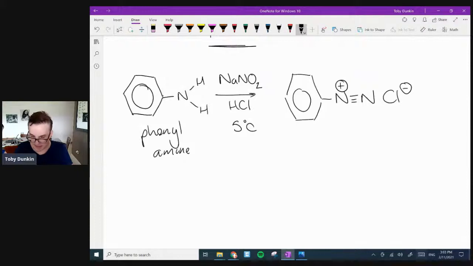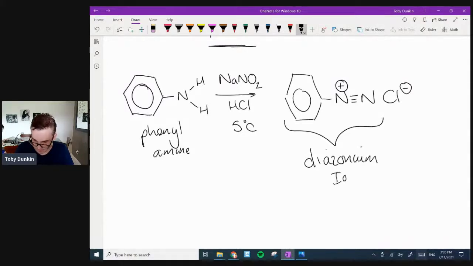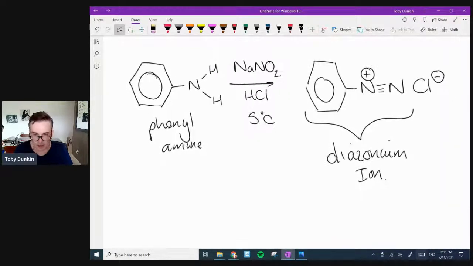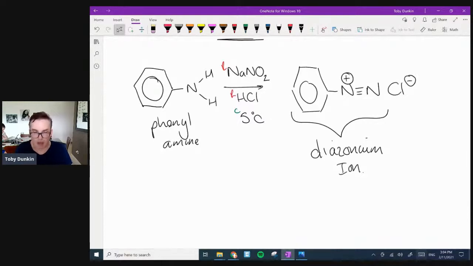But in reality, this section here is called the diazonium ion. I said to you that you need to know the reactants and the conditions. Well, here are the reactants, and here is the condition. And I said to you, you need to know why for the condition.